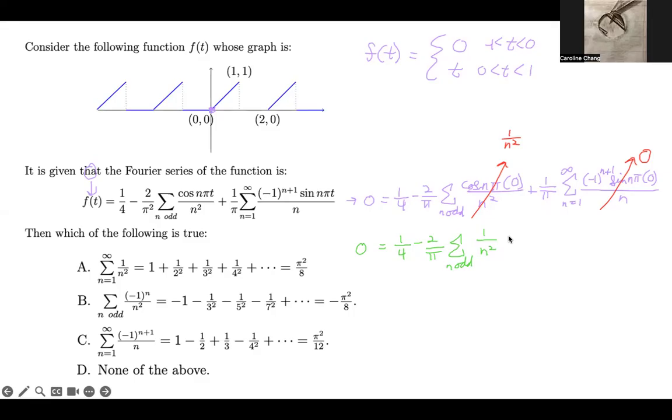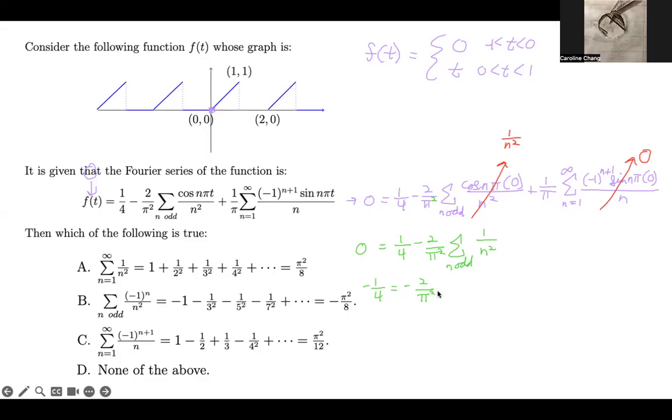And we can subtract 1/4 from both sides to get negative 1/4 is equal to negative 2 over pi. Oh, sorry, I missed the pi squared. It's actually pi squared as we see over here, so we can simply add the pi squared right now.